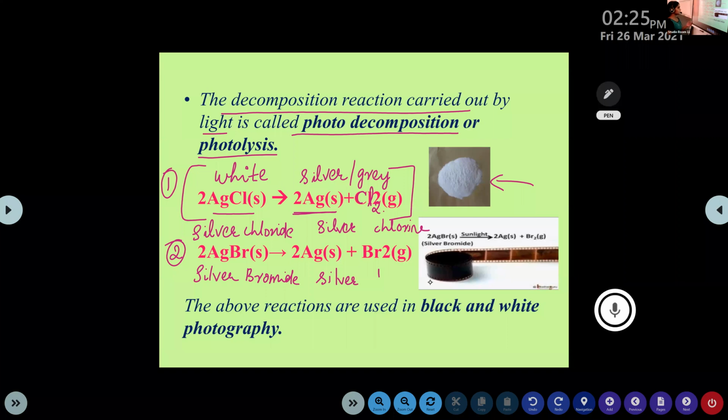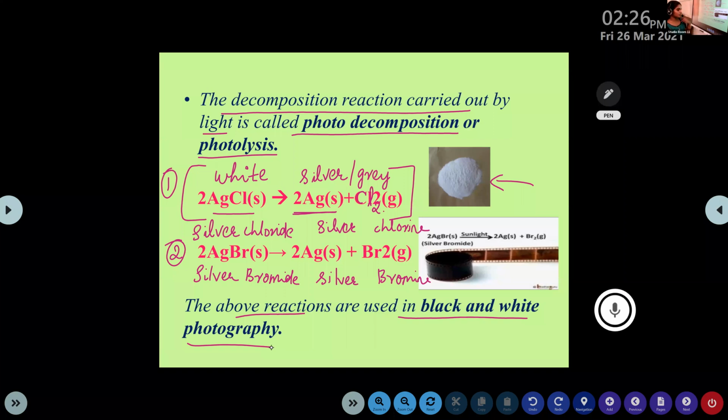Silver bromide also decomposed in the presence of light to silver and bromine. And the above reaction is used in black and white photography. This film consists of silver bromide, and you heard about some washing process, right?